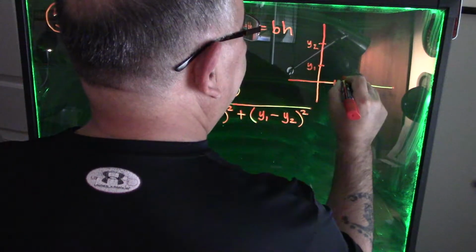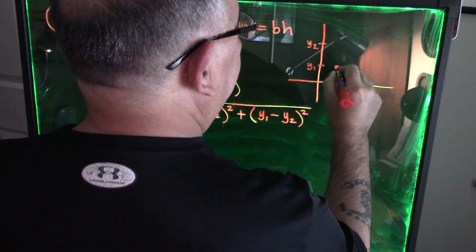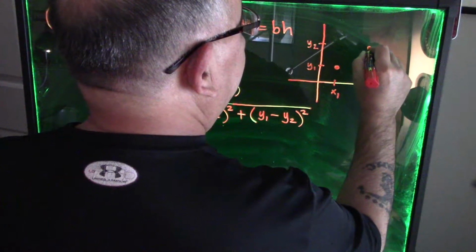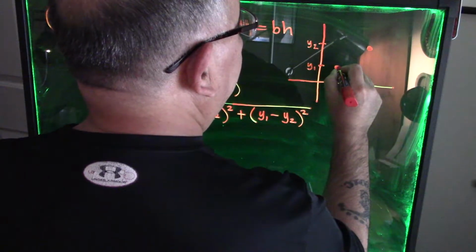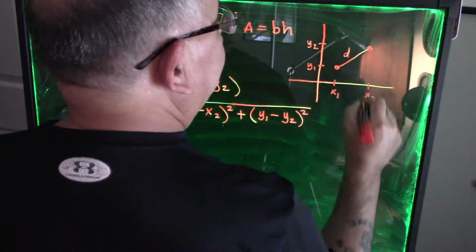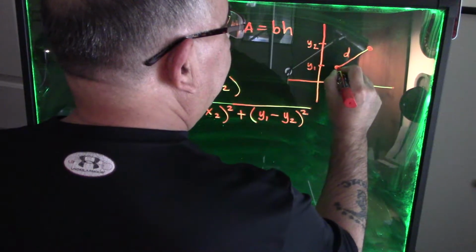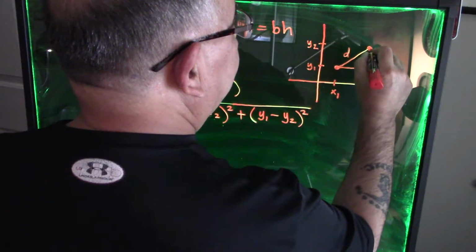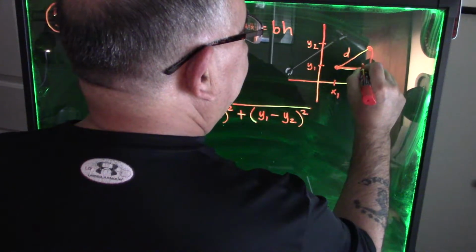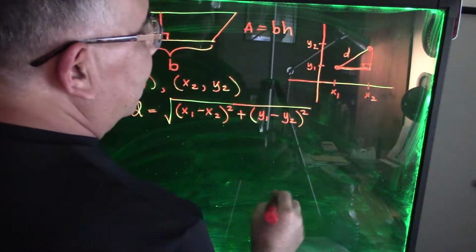So we have the point x1, y1, and x2, y2. This is distance d that we're looking for, and this little diagram forms a right triangle.